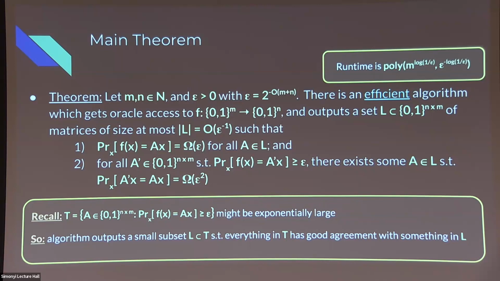But specifically what we're saying is that any matrix A prime, possibly not in the list, that has good agreement with F, has to have some matrix in the list that it agrees with. And in practice, it will correspond to the points where A prime equals F. But on the other hand, if the matrices are close in Hamming distance, it says nothing about the function.